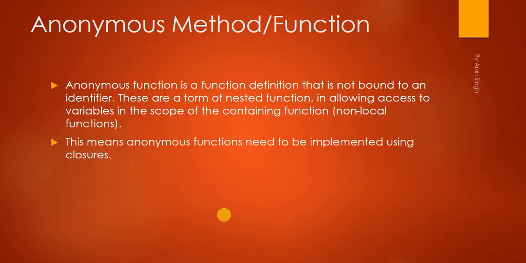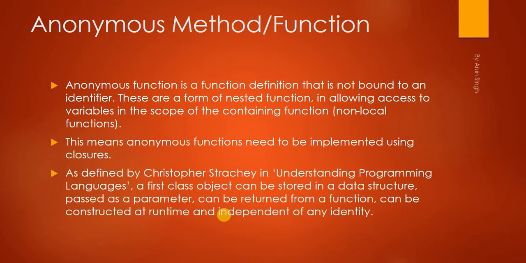This means anonymous functions need to be implemented using closures. As defined by Christopher Strachey in Understanding Programming Languages, a first-class object can be stored in a data structure, passed as a parameter, returned from a function, constructed at runtime, and is independent of any identity.